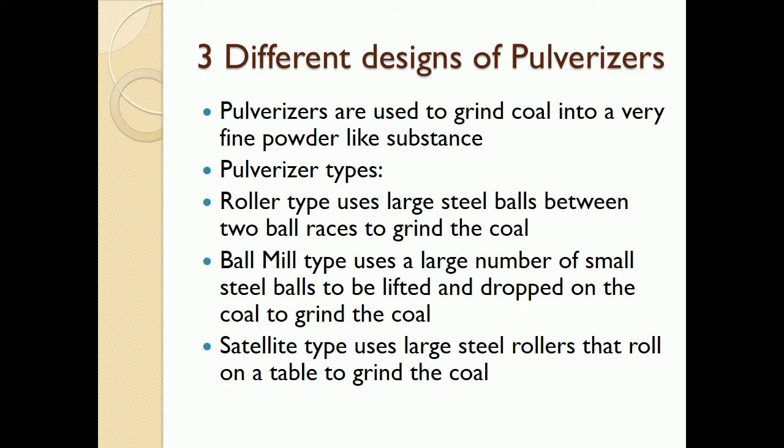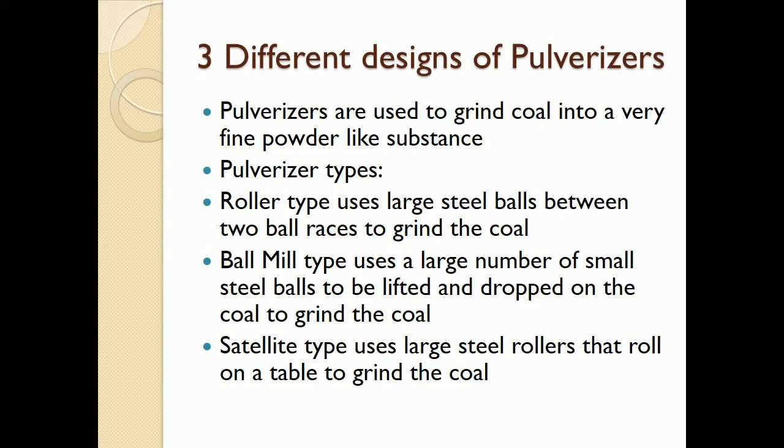There are 3 different designs of pulverizers. Pulverizers are used to grind coal into a very fine powder-like substance. The pulverizer types are 1. The roller type uses large steel balls between 2 ball races to grind the coal. 2.